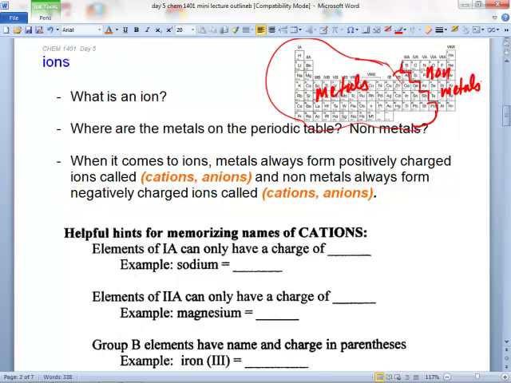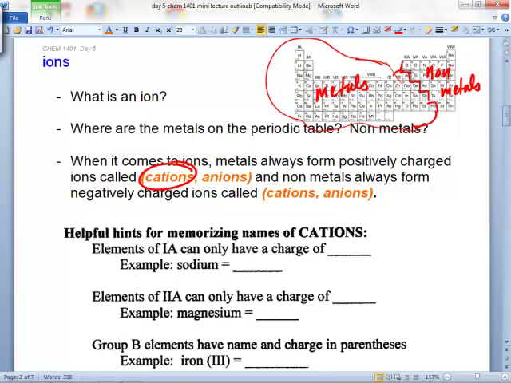When it comes to ions, metals always form positively charged ions. Now there's a name for it though, Victoria. Positively charged ions. What's it called? Cations. All right. And then Paulina, nonmetals, anions.